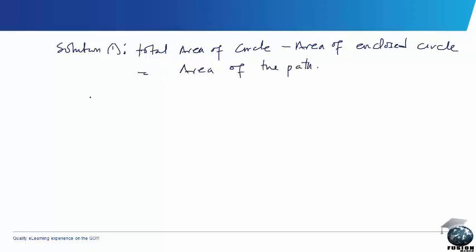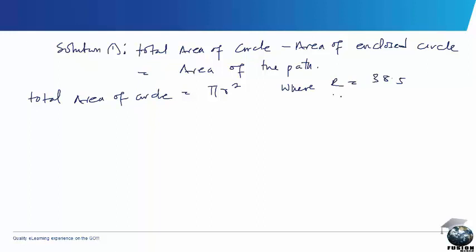I just wish you understand this. So how do we go about the total area of circle? Area of circle is pi r squared from mensuration 2, and we'll just apply it here. Remember, for the big circle, r is equal to 38.5, and for the small circle, r is equal to 35, all in meters.